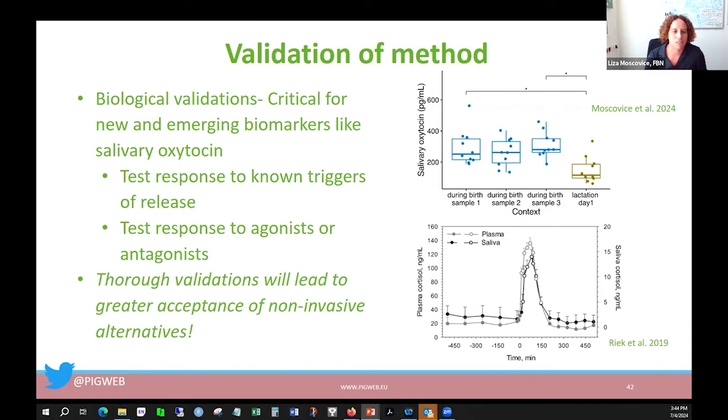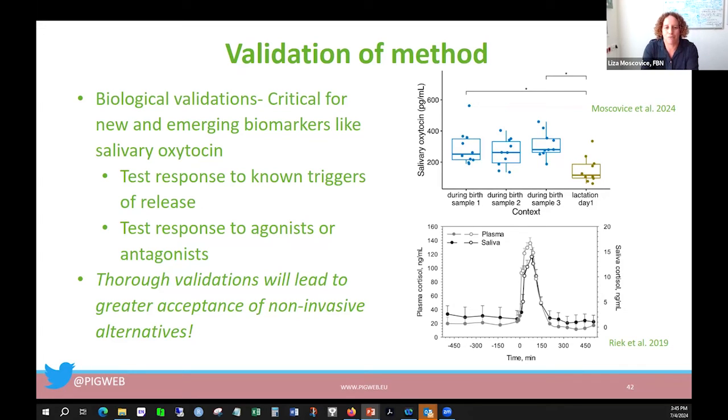And that's what's sad for me to see. Sometimes I think people are really excited about trying to adapt non-invasive measures, and I'm really happy to see that. But if people aren't setting up their study in a really well thought out way, and if they're not doing thorough validations, the results aren't going to be trusted by other physiologists.